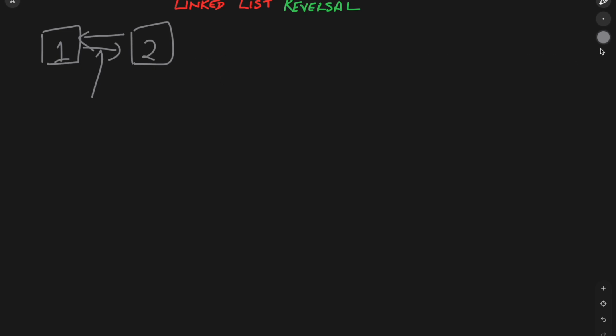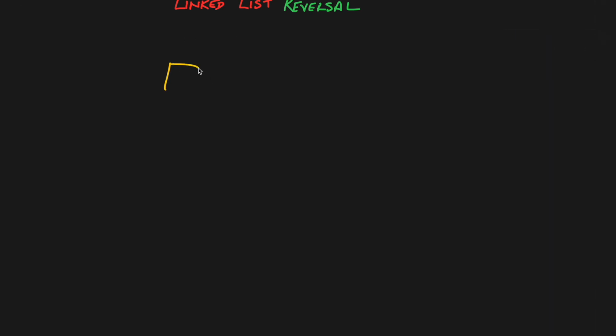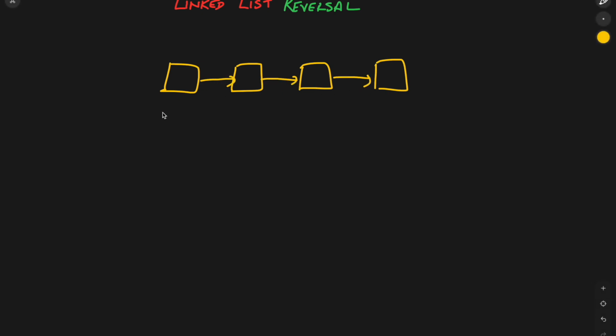Okay, so let's begin with the algorithm for reversing our linked list. Let us assume that we have this linked list and it has a few nodes in it, and it also contains some values.